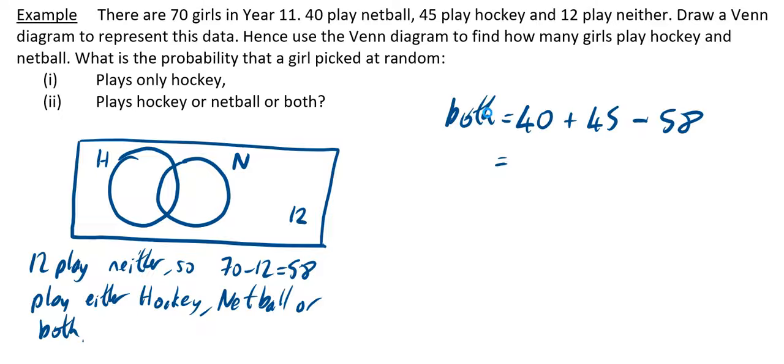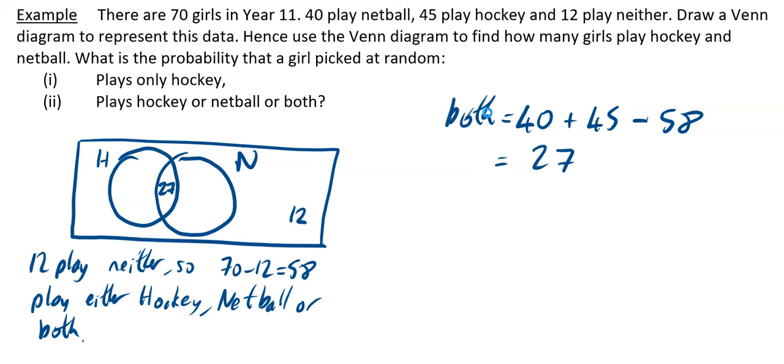If you add those two you get 85, then take away your 58, you get 27. So 27 is what goes in the middle. I'm going to make this overlap a wee bit bigger so I can write in it. We're going to put a 27 in here. So that's how we've calculated that 27.